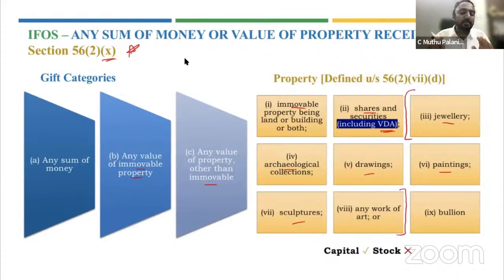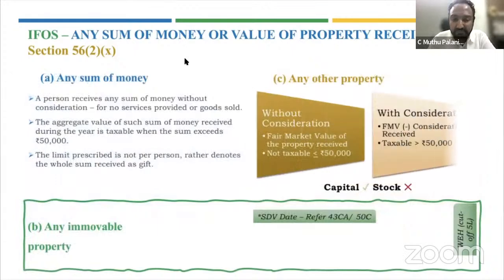It is not at all taxable because a car is not covered under the property definition. So please remember this. Only these 9 assets are covered here, that is immovable plus 8 assets. Nothing else is covered. And it is covered only when it is held as a capital asset. It is not applicable when it is given as stock in trade. So that also needs to be considered.